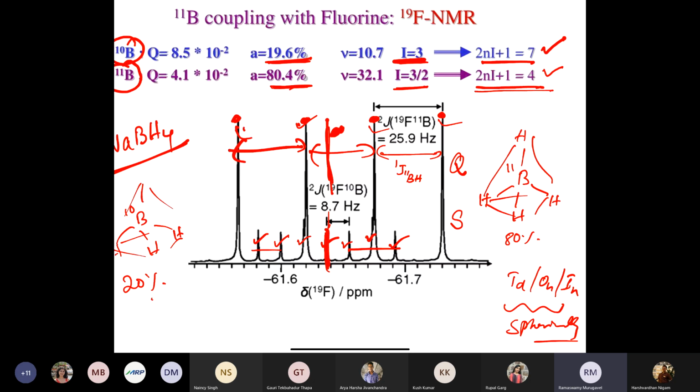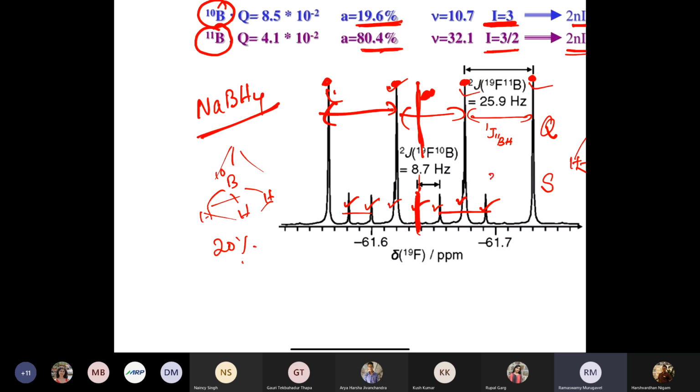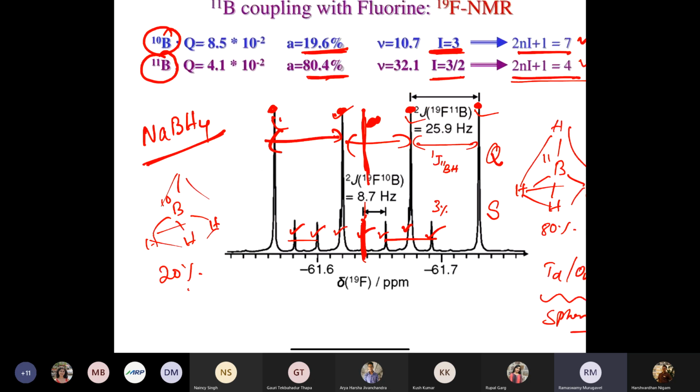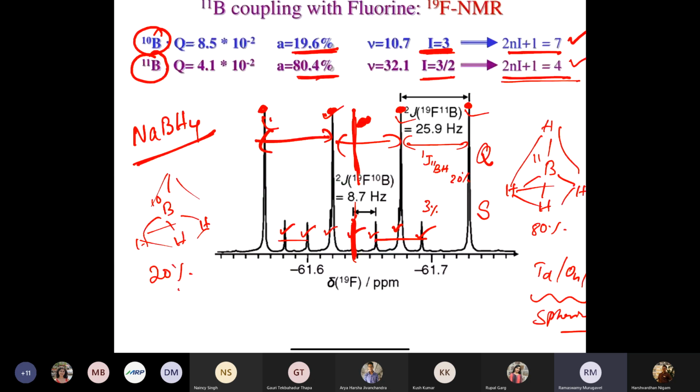One is boron-11, one is boron-10. Boron-11 will give rise to 4 lines which are more intense, and boron-10 will give rise to a septet, which is 20% divided by 7. So that's about 3%. The intensity of this peak is about 3%, and this is about 20%. So 1 to 7 will be the relative intensity.